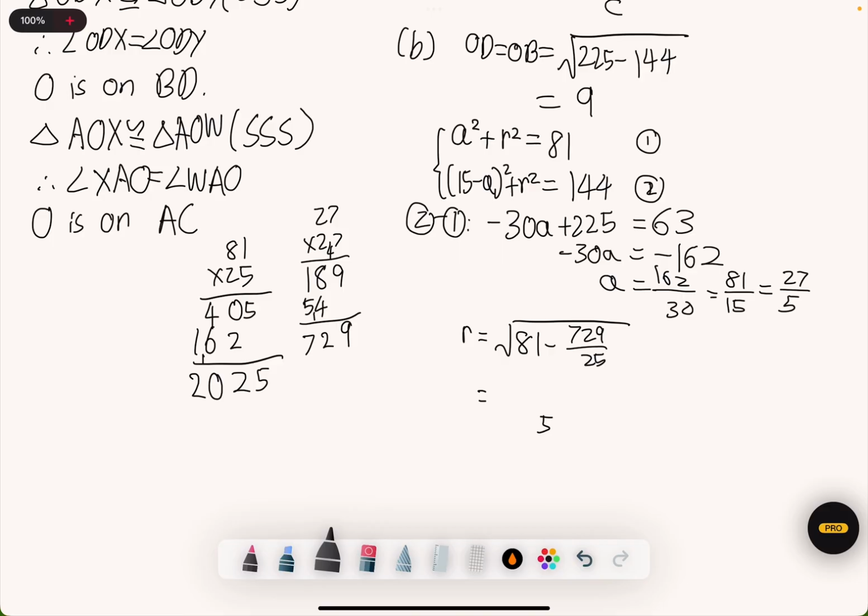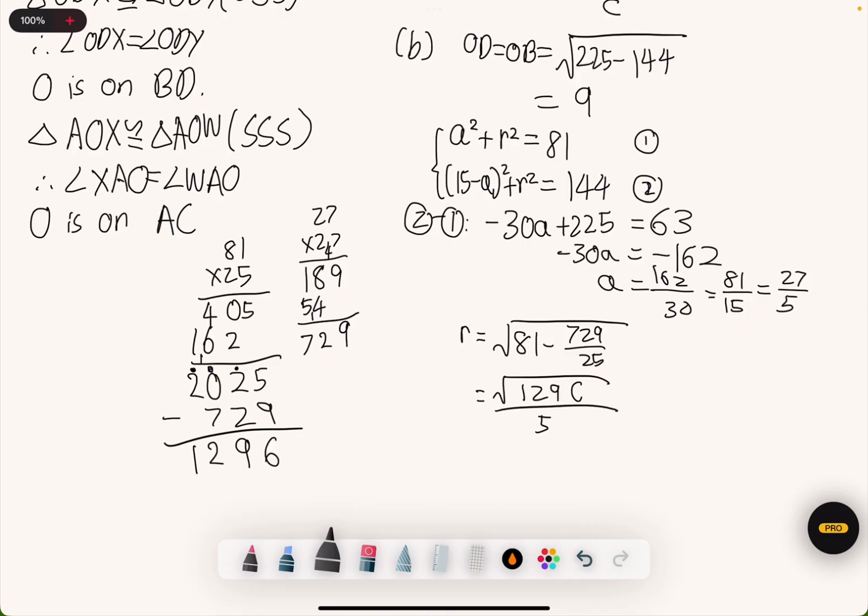So basically from this we know that r squared is 2025 minus 729, over 25, which is 1296 over 25.